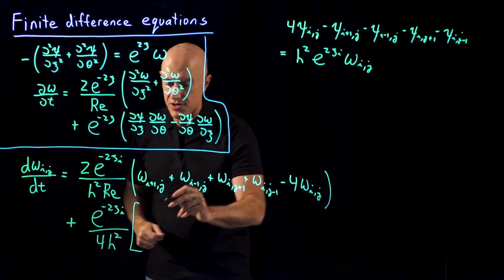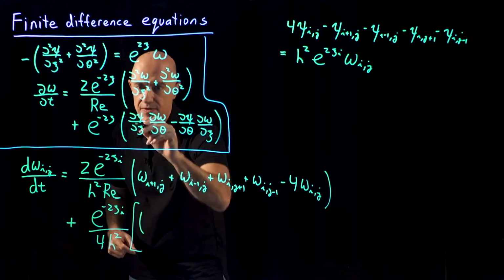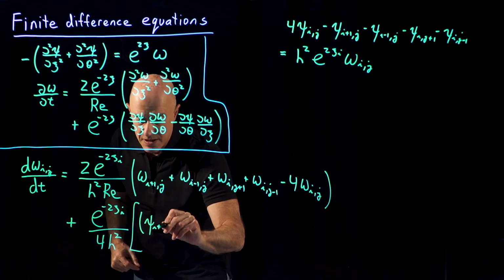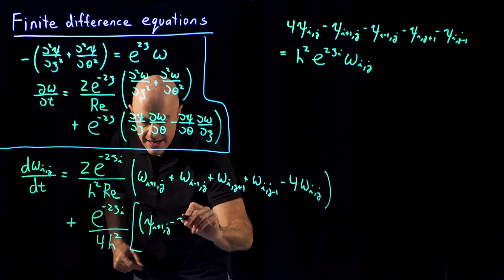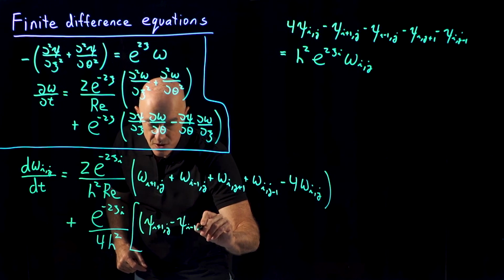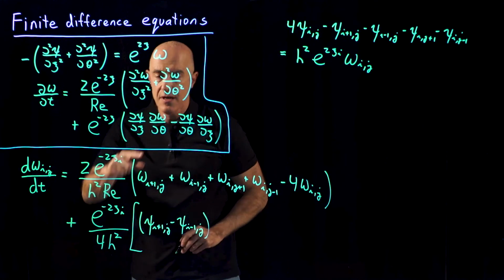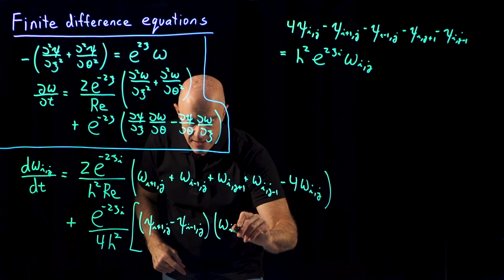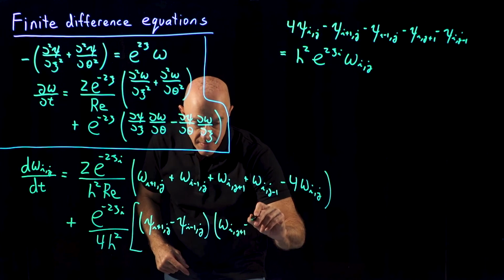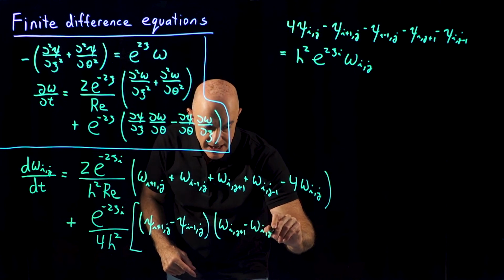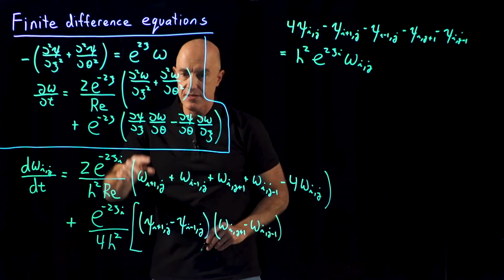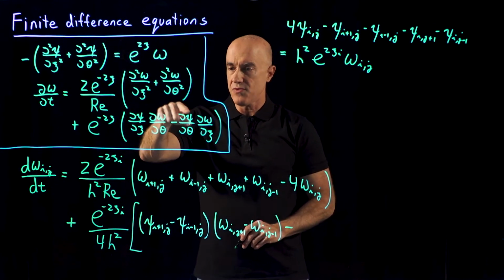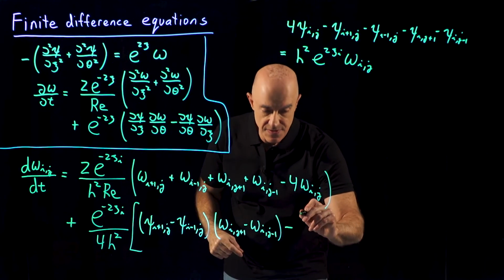So these are center differences. The derivative of psi will be psi i+1,j minus psi i-1,j. The derivative of omega will be omega i,j+1 minus omega i,j-1. That's the derivative with respect to theta, minus then the derivative of psi with respect to theta.